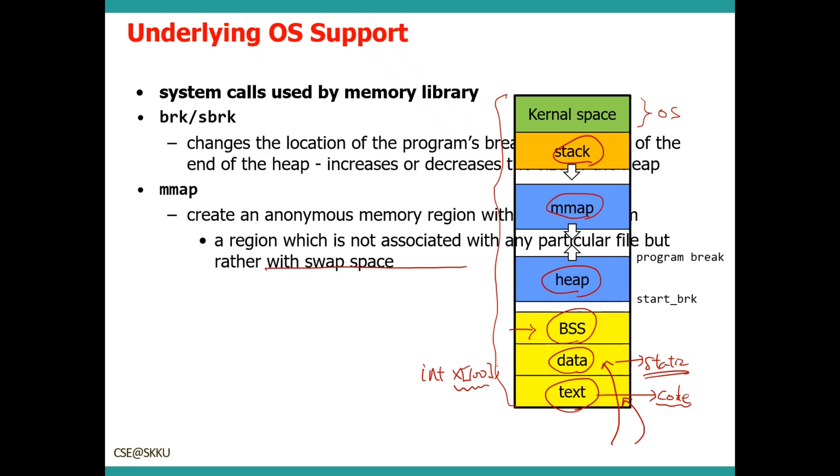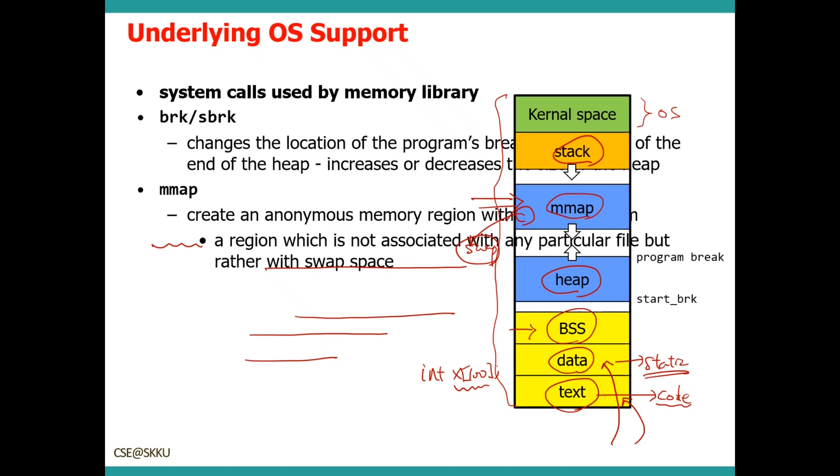That means the region is not associated with any particular file, but rather with the swap space. So if this memory is evicted from physical memory, it is returned to a swap area. So when you call mmap, the memory space is allocated to this region.